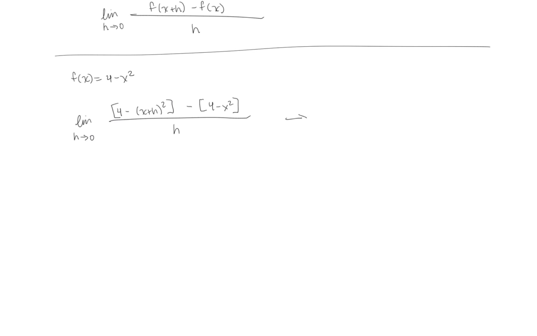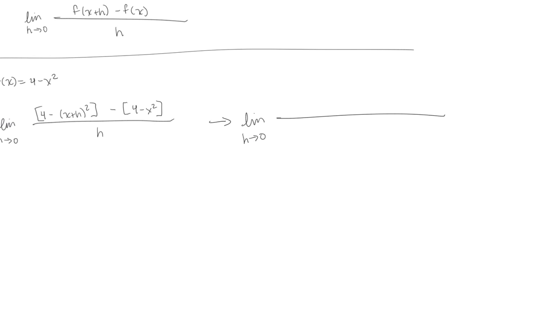Okay, so now we have the limit as h approaches 0, and I'm going to basically FOIL this out. So I will take 4 minus, and FOILing this all out, we have x squared plus 2xh plus h squared, minus 4 plus x squared.